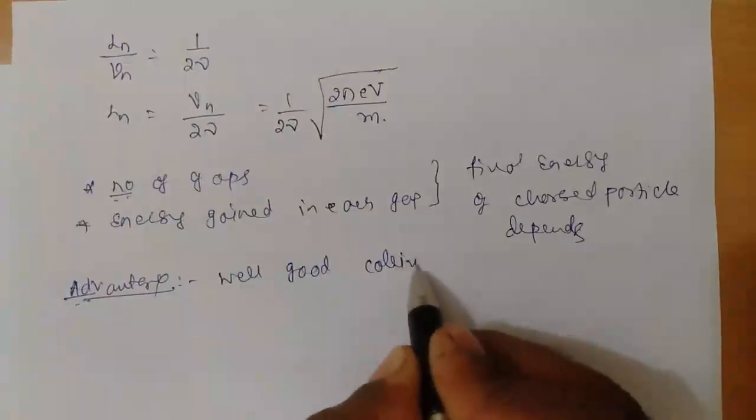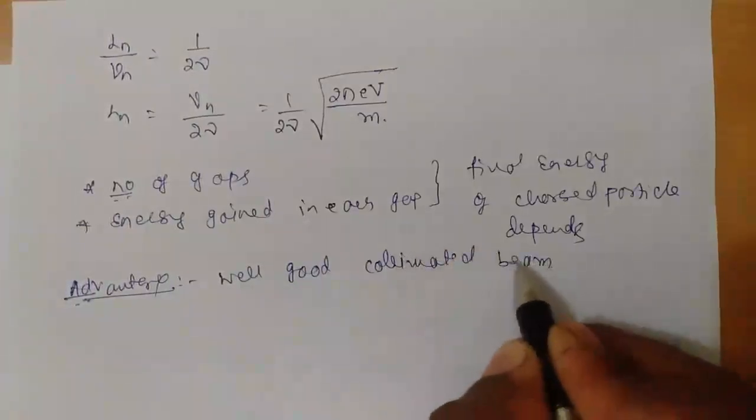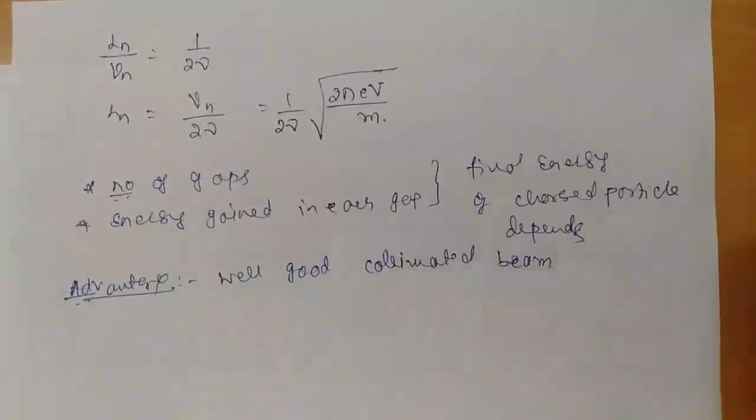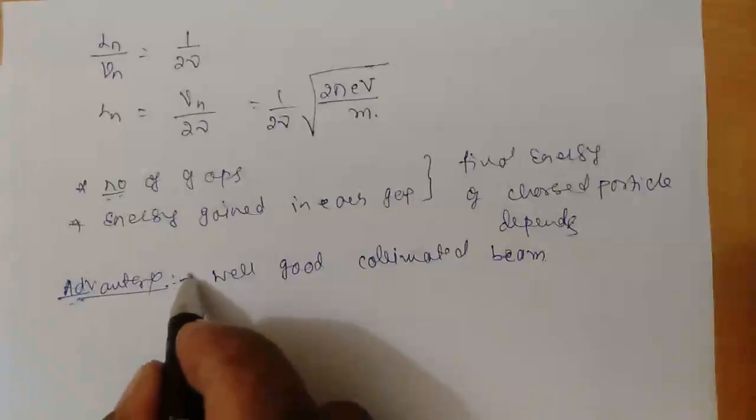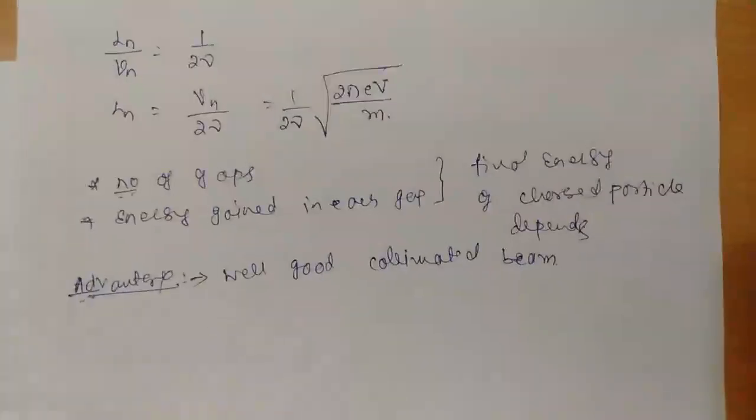That is, all the charged particles will be in a straight line. That is the main advantage, and this was the main intention of the accelerator. During the discussion of the principles of the accelerator in the previous video, we had mentioned this point, that we should get a good collimated beam. Since the accelerator is linear, we get a very good collimated beam.